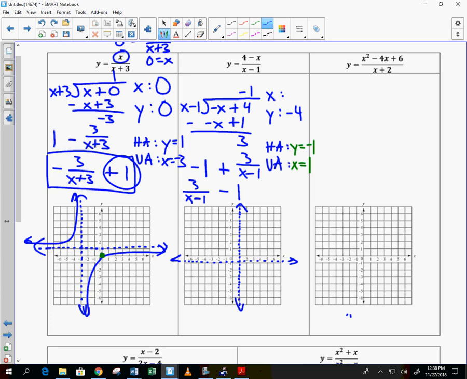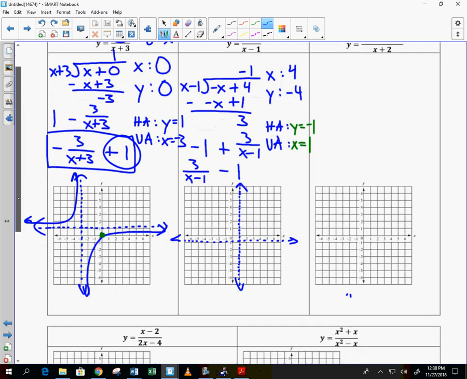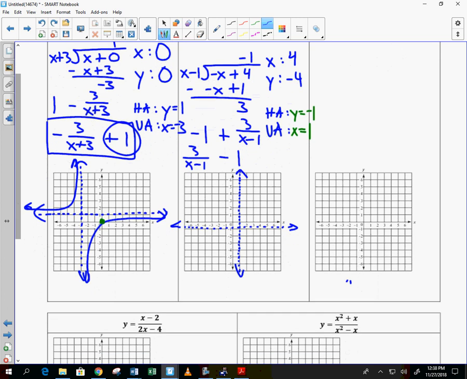Where's the top equal to 0? 4. So if I plot 4 on the x-axis, and I plot -4 on the y-axis, that helps me as I draw my graph as it goes through those points. We're going to pause there.